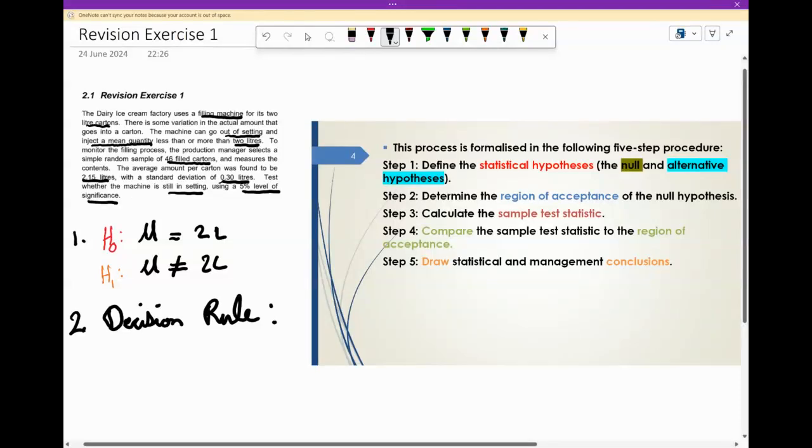So what type of test is this? We can either have cartons that have a mean greater than 2 liters or less than. So what type of test would this be? One-sided? But is there only potential for one outcome where we would reject? We can have more than 2 liters or less than.